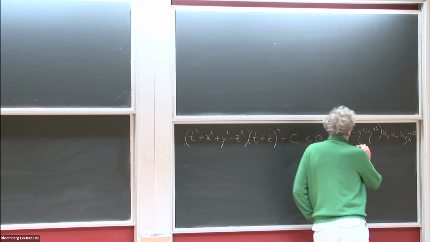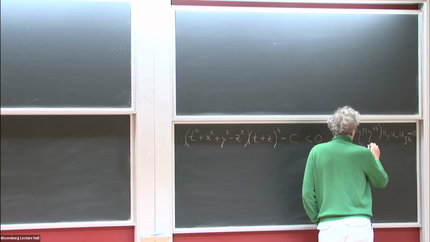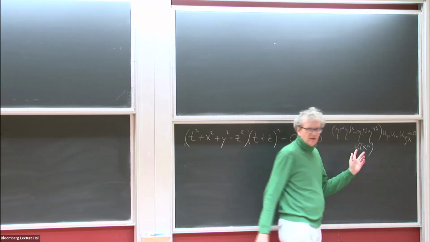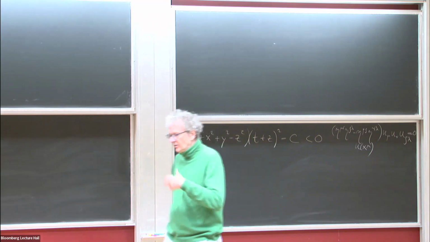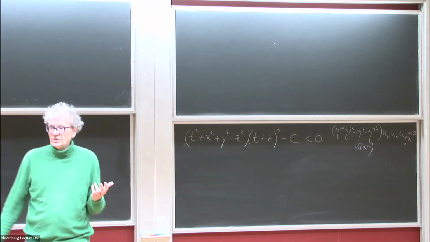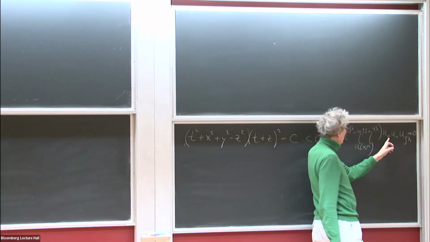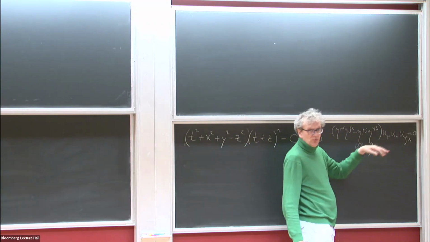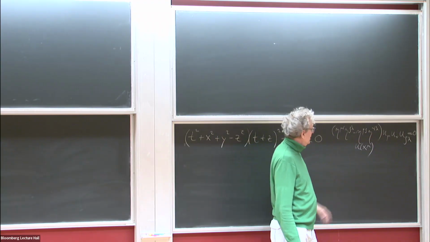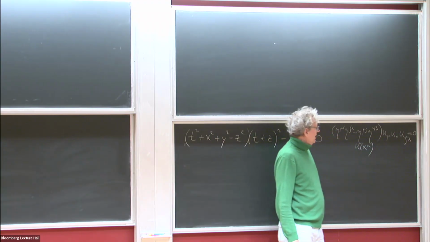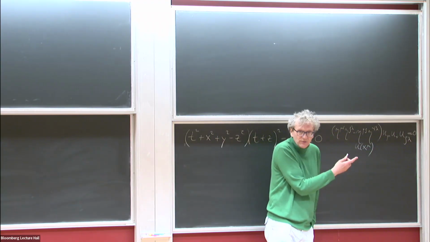So u is a function of x mu, and the condition that it has zero mean curvature, or that it is an extremal manifold, is this equation, where an index means differentiation. U mu is du by dx mu. These are second derivatives. And that's one way to find solutions.